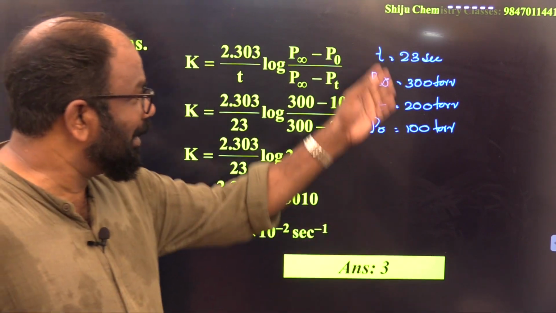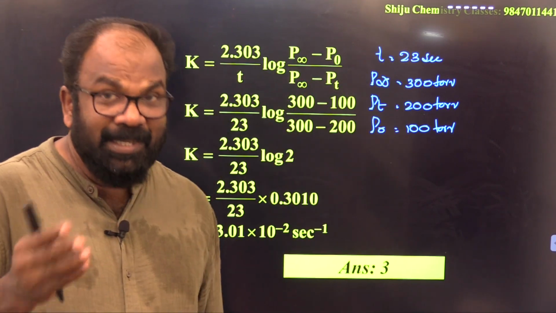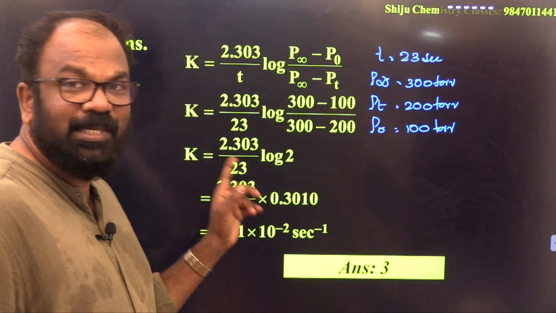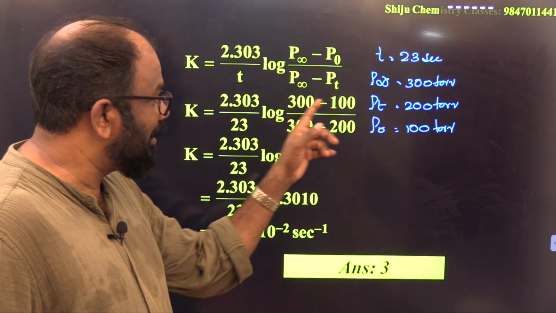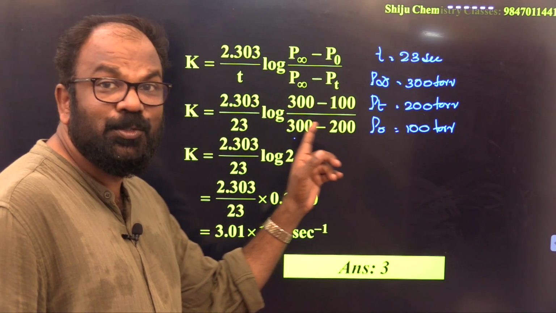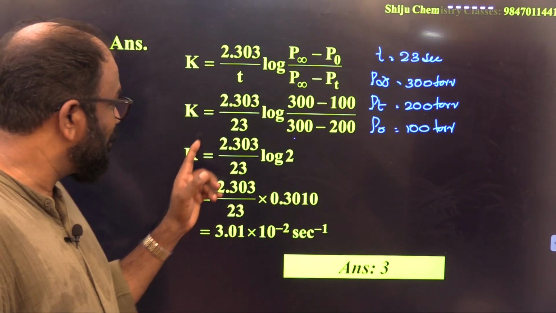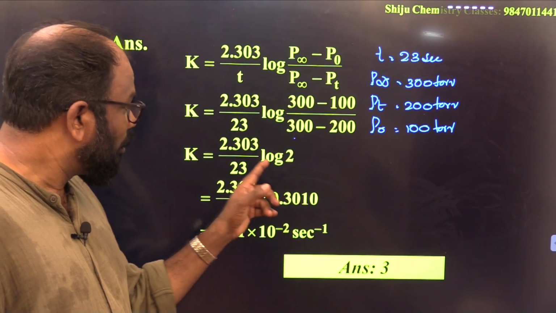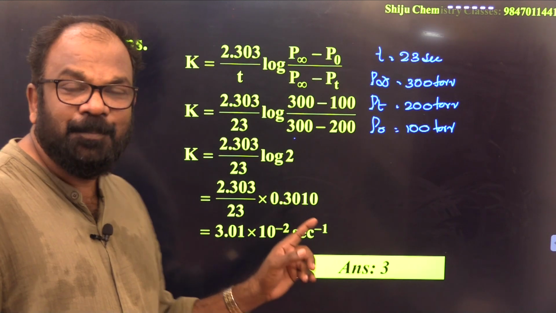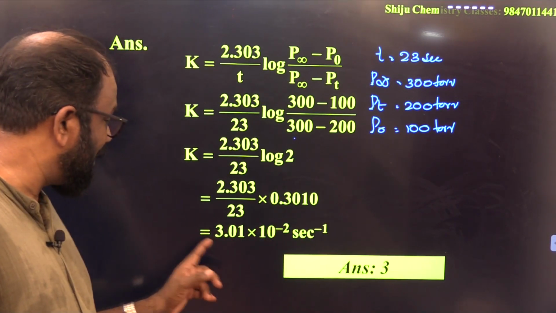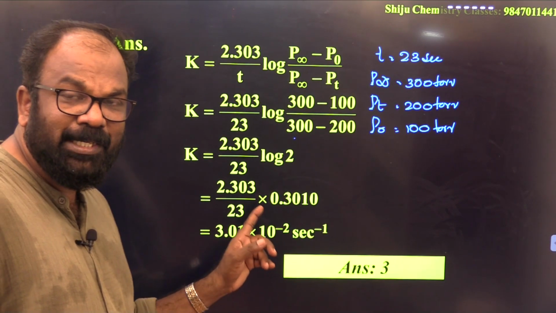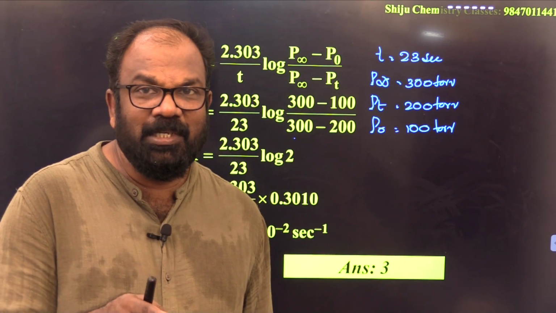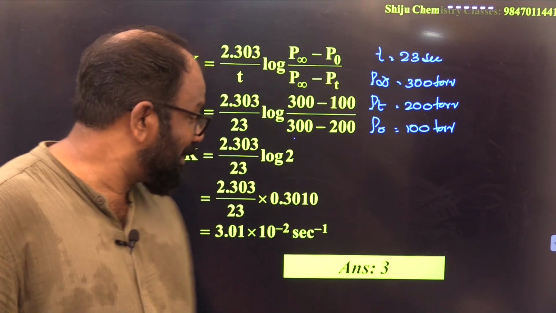Then substituting these values in this equation, the equation becomes K is equal to 2.303 by 23 into log of 300 minus 100 divided by 300 minus 200. That is K is equal to 2.303 by 23 into log 2. Log 2 is 0.3010. Therefore, K is equal to 3.01 into 10 raised to minus 2 second raised to minus 1, which is approximately equal to 3 into 10 raised to minus 2. So here the answer is 3.